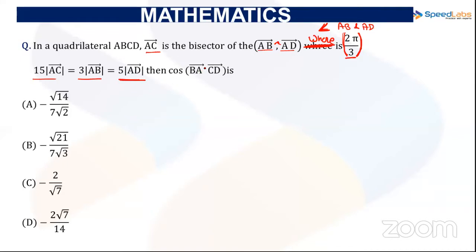Then you have to find the cos of the angle between BA and CD.